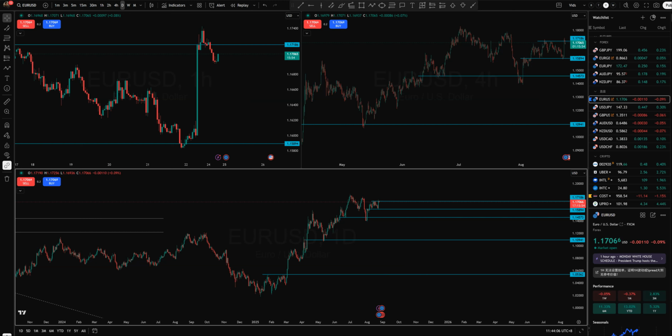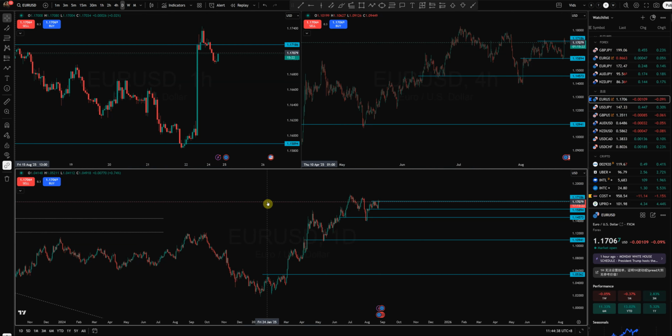All right, here we go. So today our first asset to read is Europe and US dollar. We now have three time frames here. The one at the bottom is the daily, and then the right hand side is the 4 hour and 1 hour.